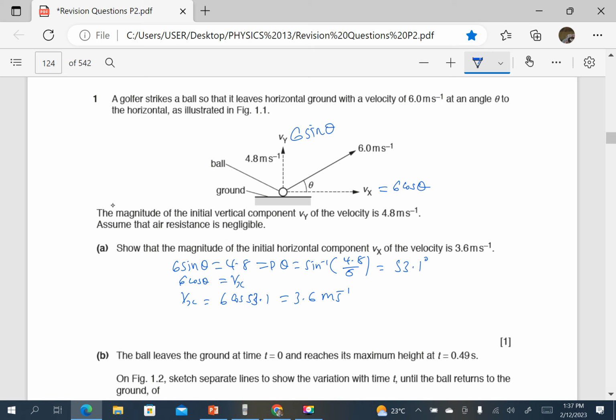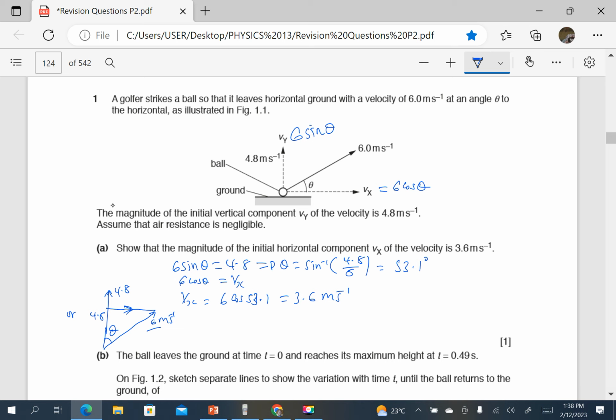Alternatively, I said we can use Pythagoras theorem. The vertical is 4.8 and this one is 6. So we want the horizontal. Using Pythagoras theorem, this is the hypotenuse, 4.8 is adjacent because the angle is here. So we want the opposite.